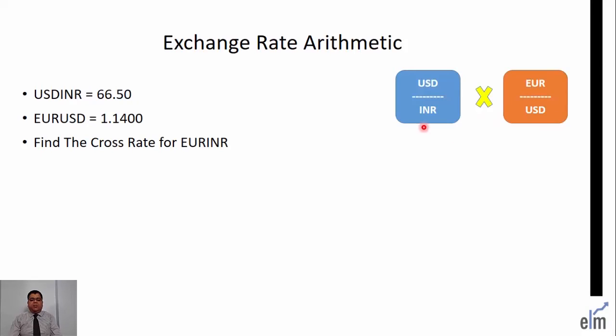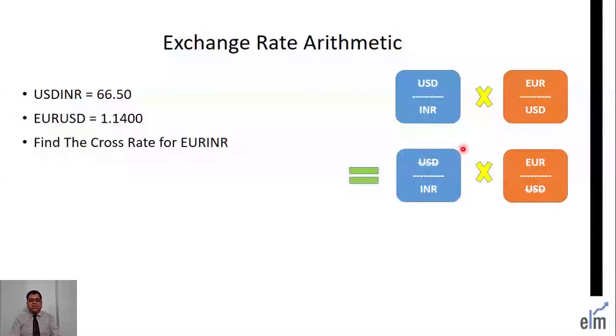In any such problem, your endeavor should be to cancel out one currency out of these three. So in this case, you see that the USD is common in both, so that has to be somehow cancelled out. When we write it in this way, USD by INR multiplied by Euro by USD, you can see that we can easily cancel out USD on both sides.